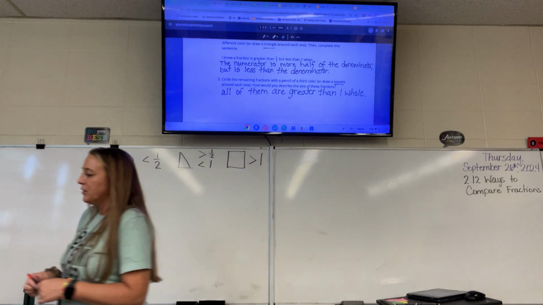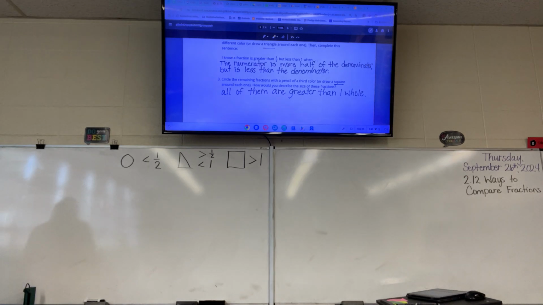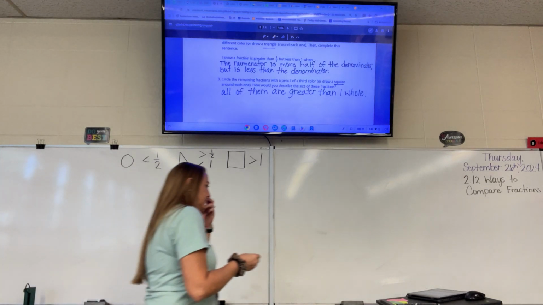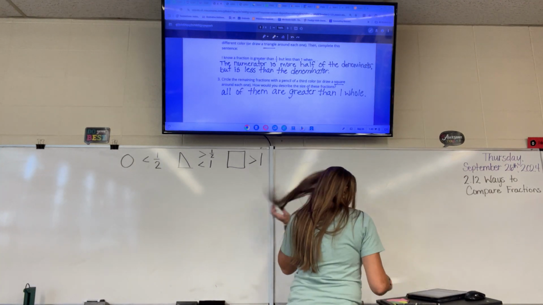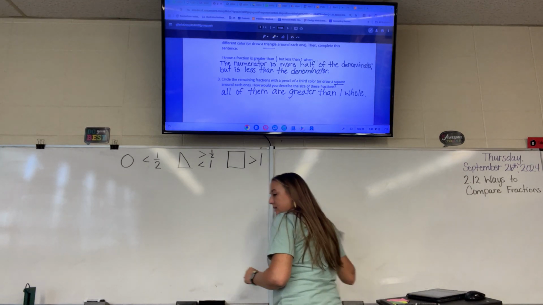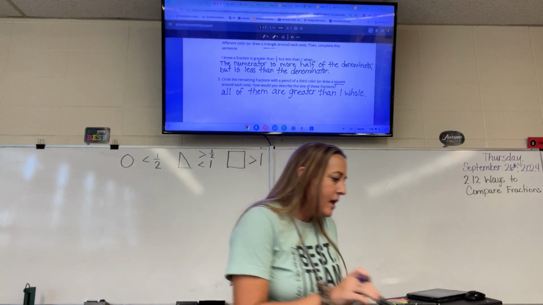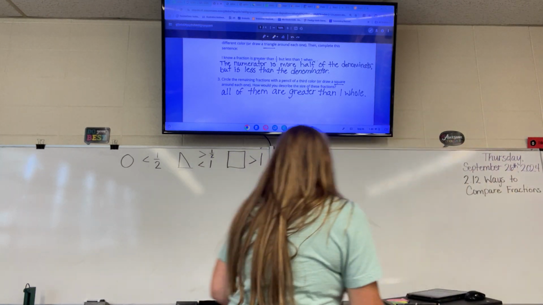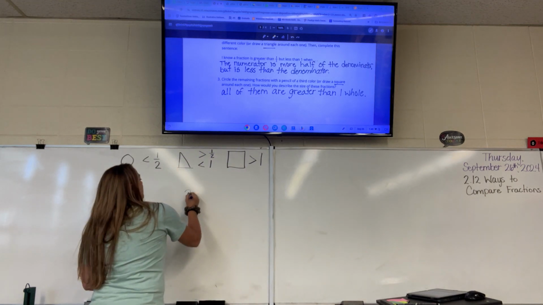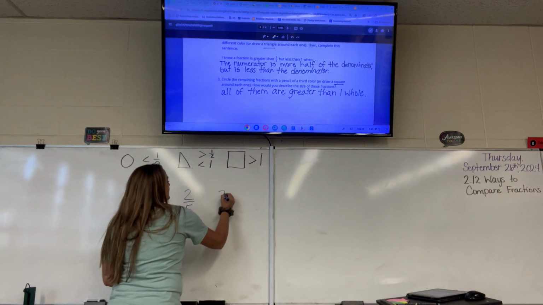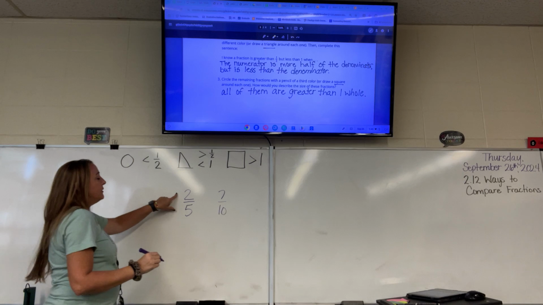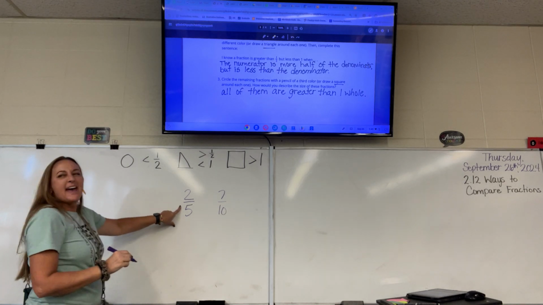And then we've got 4 fractions that we have to decide which is bigger. What's the first one? 2/5 or 7/10? Which is bigger, 2/5 or 7/10? Well, what's half of 5?